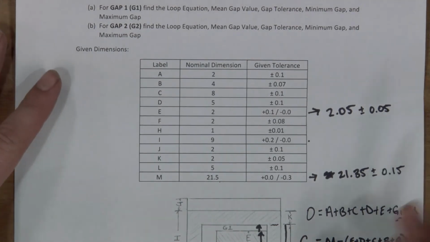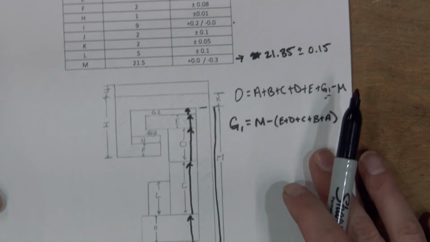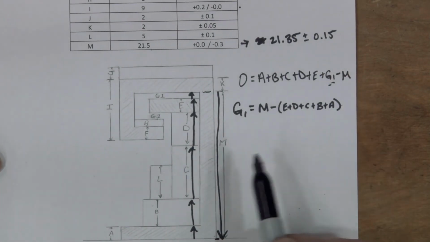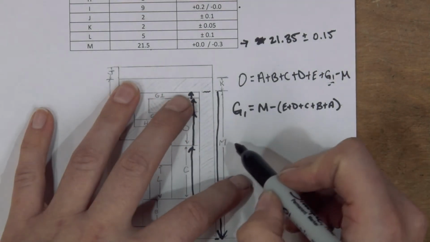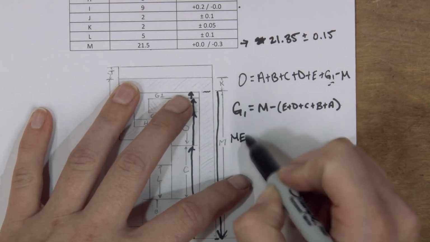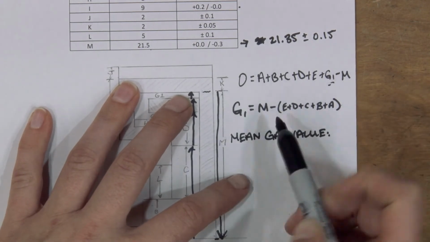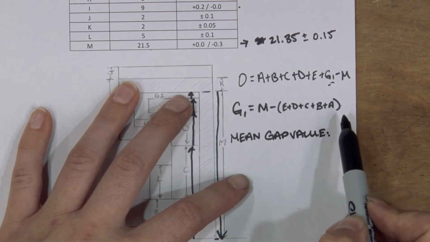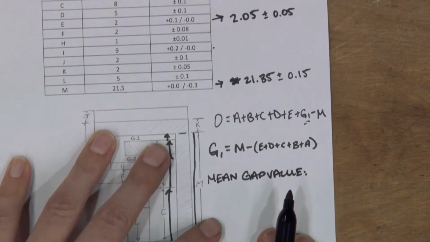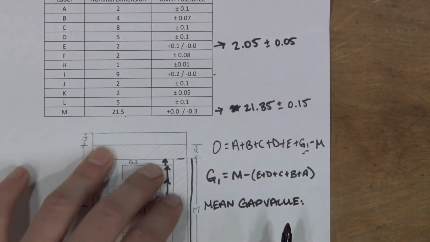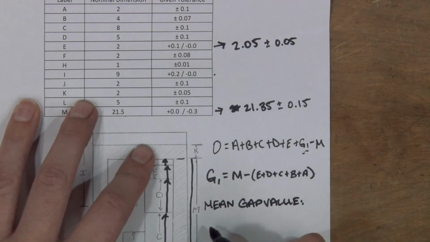So I look at my loop equation down here, and I say, okay, my mean gap value is gonna follow this equation. So now I need to be looking at my table and my equation at the same time.